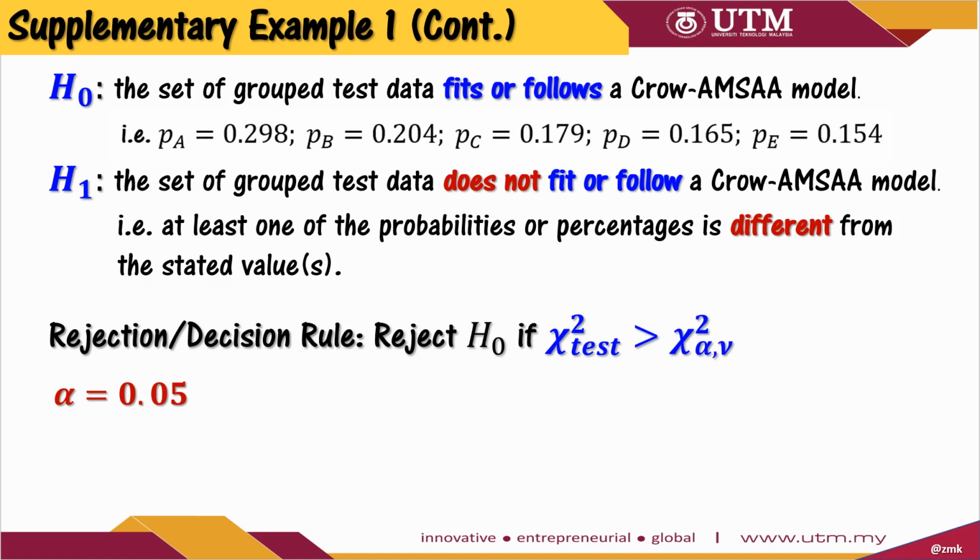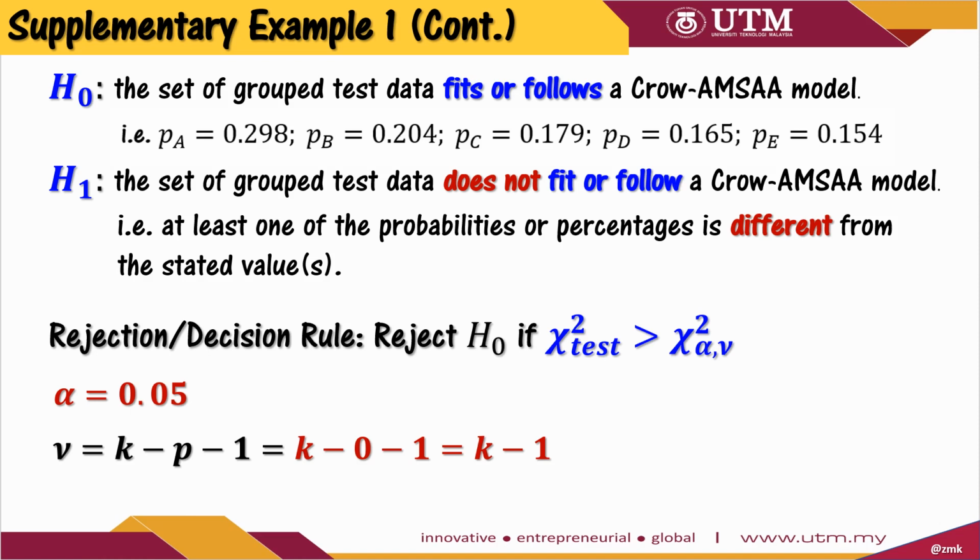By definition, nu in a goodness of fit test is k minus p minus 1, and since all the Pi values are given for all i equal to A, B, C, D, and E, we do not have to worry about what parameter to be estimated. In short, the number of model parameters to be estimated, denoted by p, is 0. Hence, the degrees of freedom nu is k minus 1.